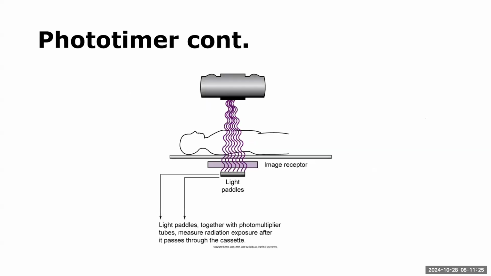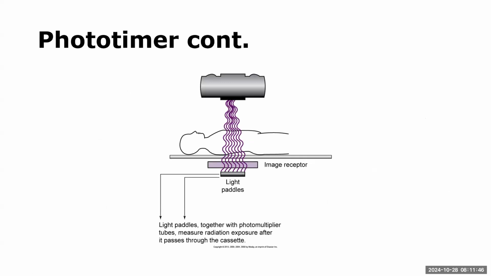So for the photo timer, you can see that you have your primary radiation being directed at your patient. You have your table, and then you have your image receptor right here. And then you have these light paddles with the photomultiplier tubes that measure radiation exposure after it passes through the cassette.